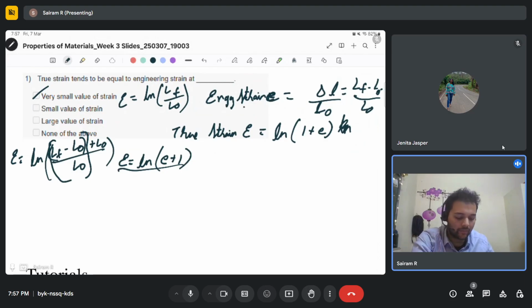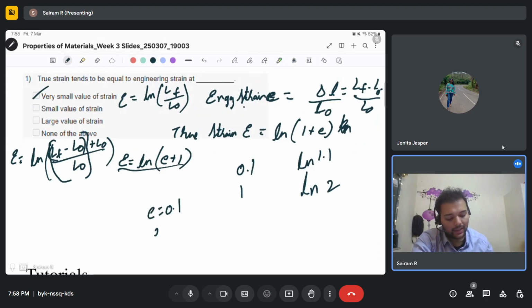And we have seen from previous examples that when the engineering strain is very low, say 10 power minus 3, 10 power minus 4, then ln of 1.001 will be a similar value to what the engineering strain is. So there will not be any difference. But when the engineering strain increases to say 0.1 or 1, ln 1.1 and ln 2 are very different from the values of e equals 0.1 and e equals 1.